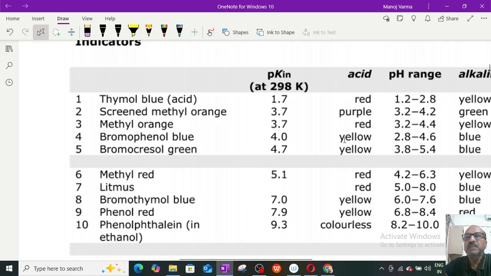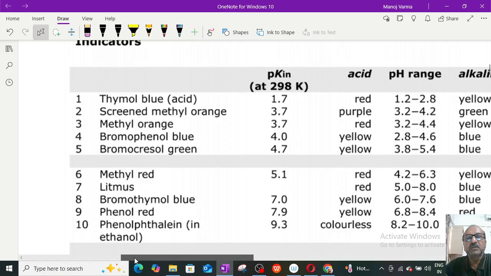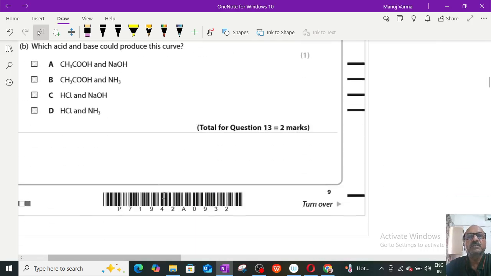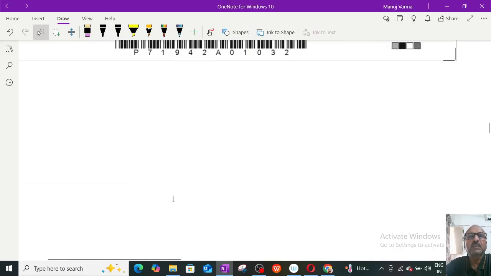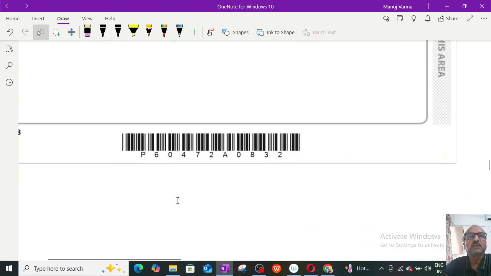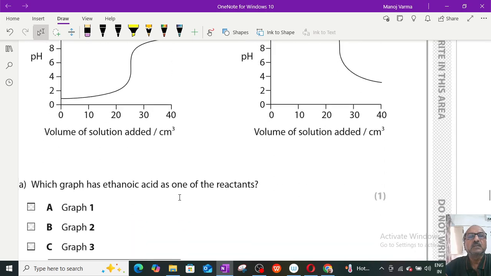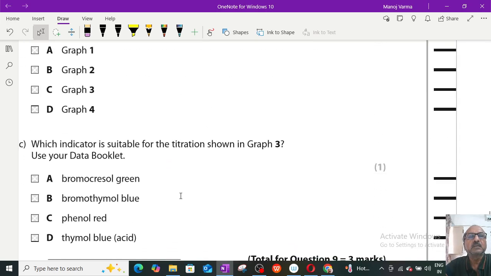So you can look up this and find out which would be the proper indicator which falls in the range, right? And it could be bromophenol blue or bromocresol green. Okay, so that's not a difficult question. Yeah, so bromocresol green is given as an option, so that looks to be the correct answer.